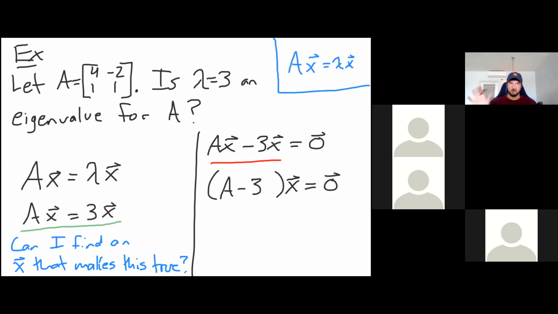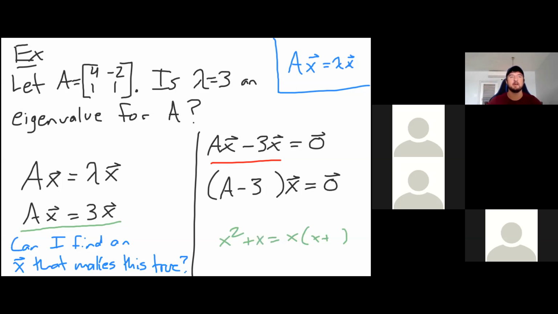Now, just to remind y'all, go back to our algebra days. If I had x squared plus 1 and wanted to factor out an x, that's not going to help us at all.